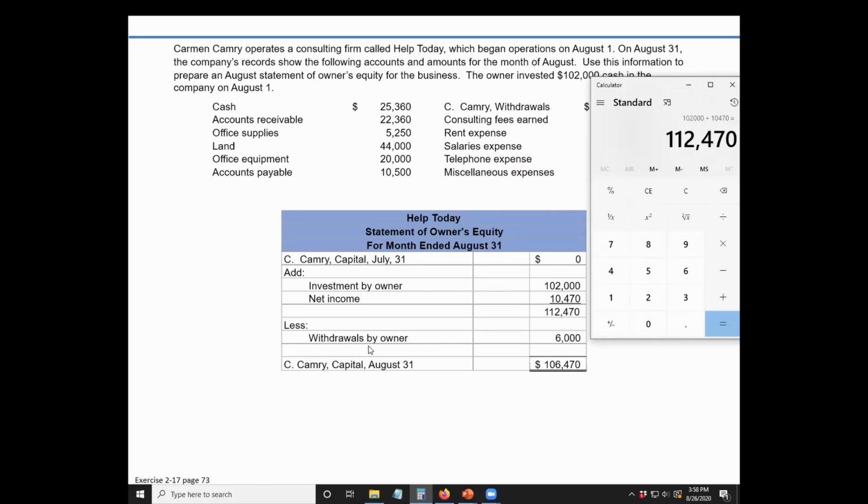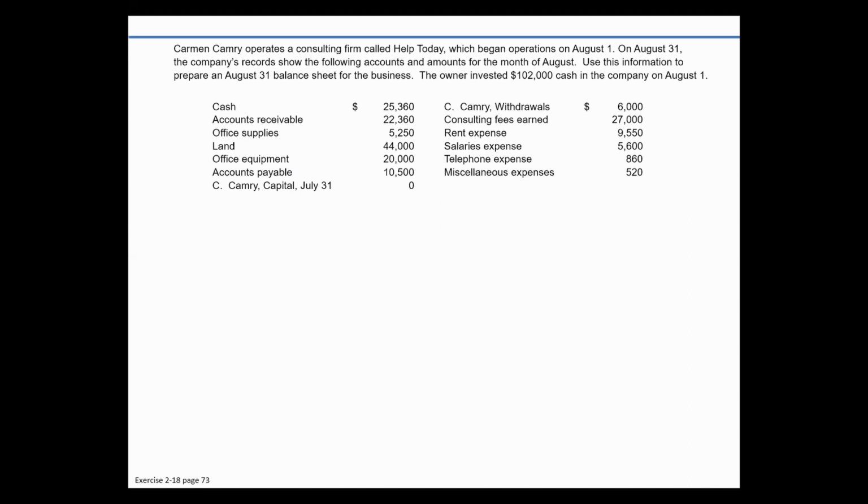Then we have it said that she withdrew $6,000 that month. So if we subtract 6,000 from that, you get that her ending capital was 106,470.